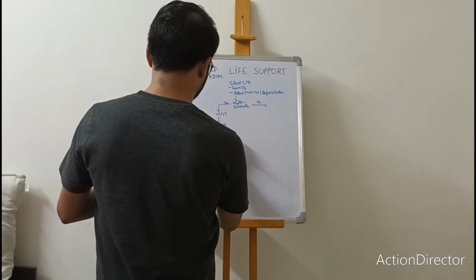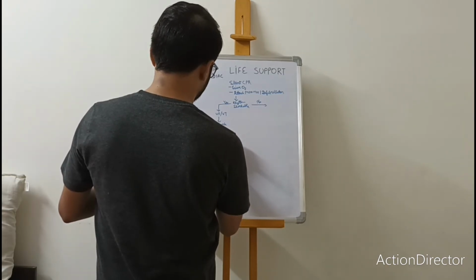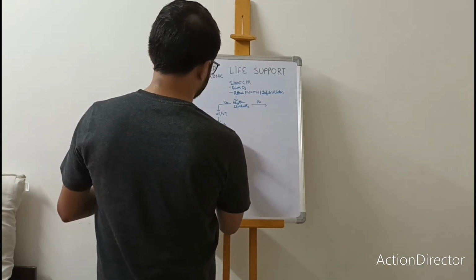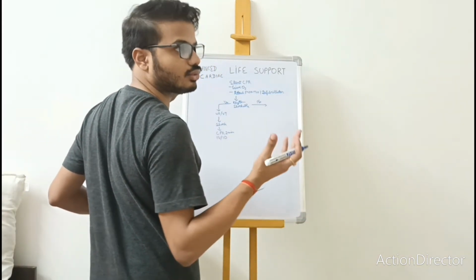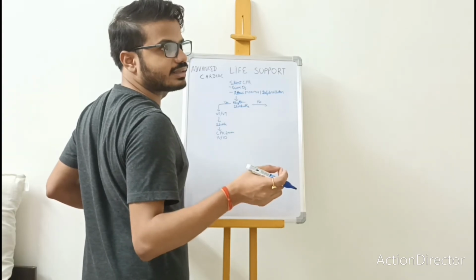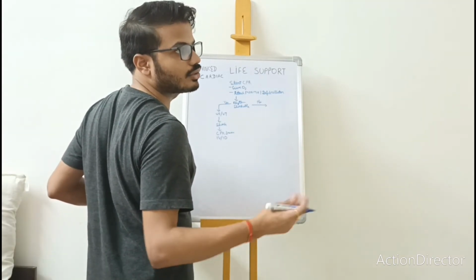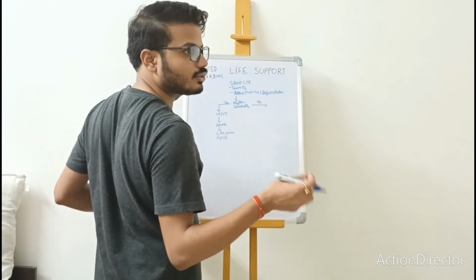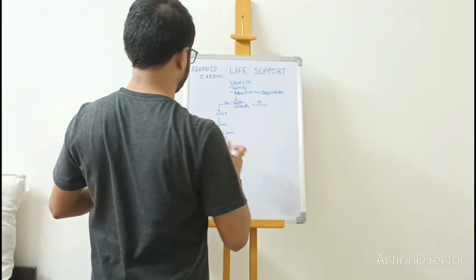And then we give CPR for 2 minutes, and along with giving CPR, we ask the health assistants or interns to give the intravenous access, right? And if intravenous access is not possible, because you have to save the life, so you give intraosseous access, right?